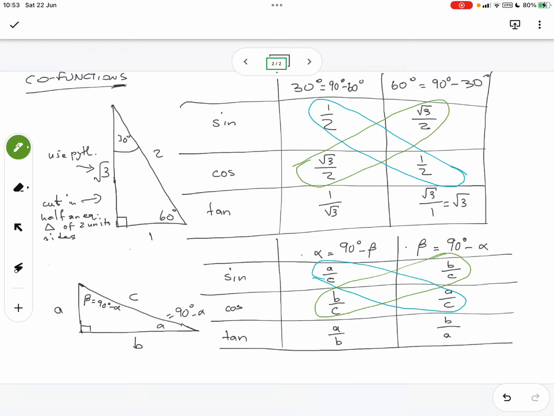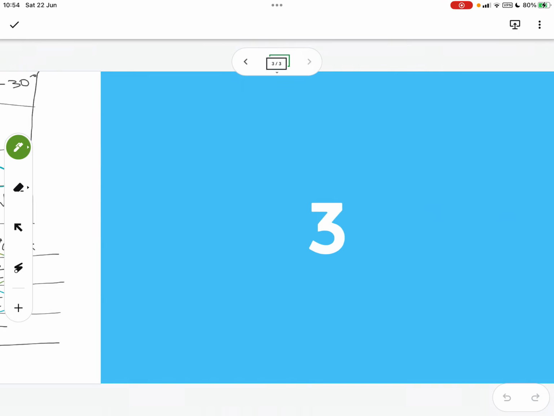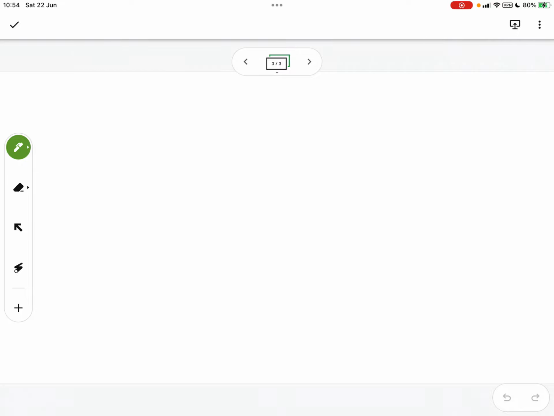So in other words, the trig ratios of angles that add up to 90 degrees are called cofunctions. Because 60 plus 30 degrees, or alpha plus beta, give us 90 degrees, their respective trig ratios are cofunctions.